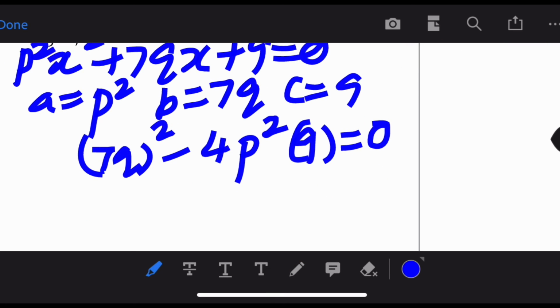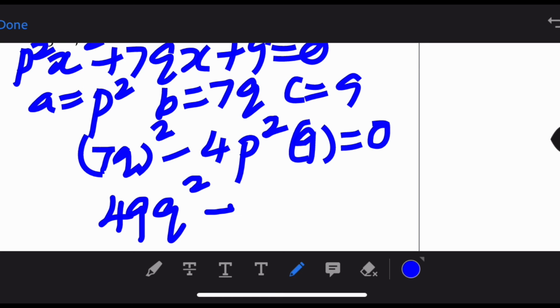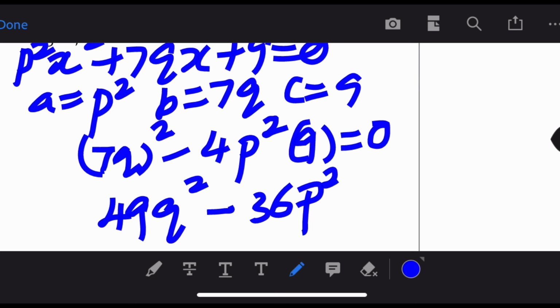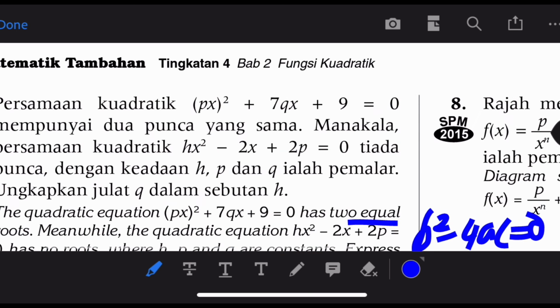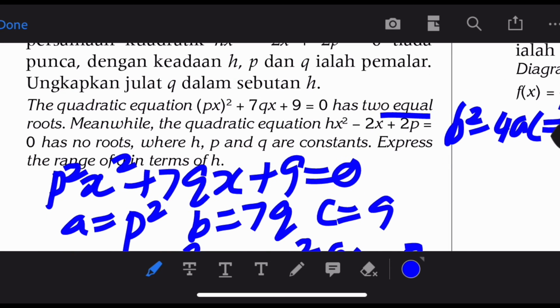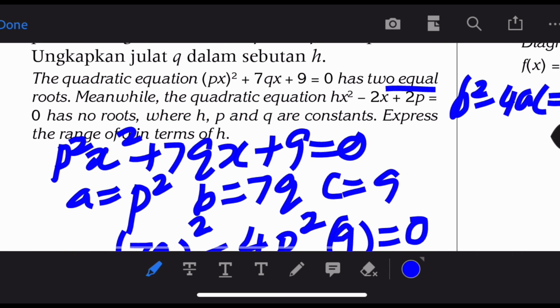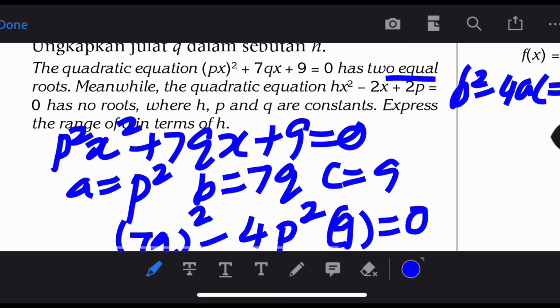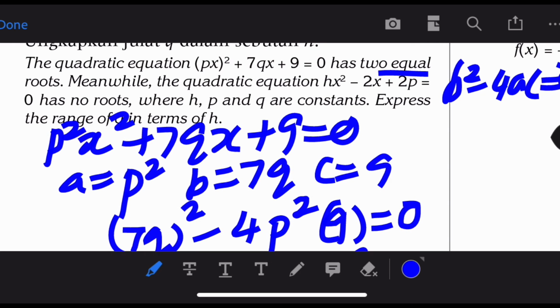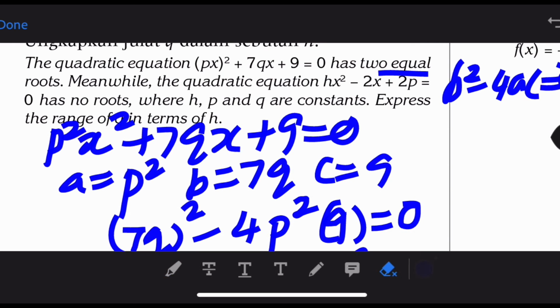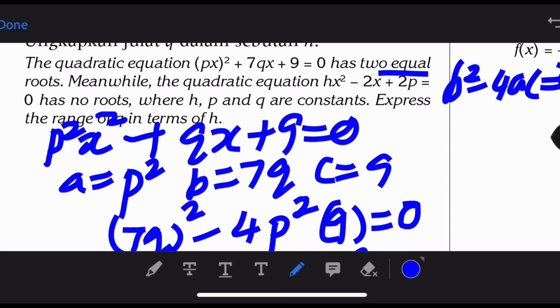So what you can do is simplify like this: 49q squared minus 36p squared equals 0. Then what does the question want? The question wants the range of q in terms of p.